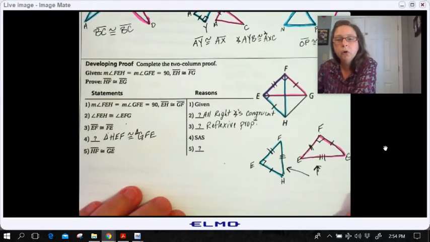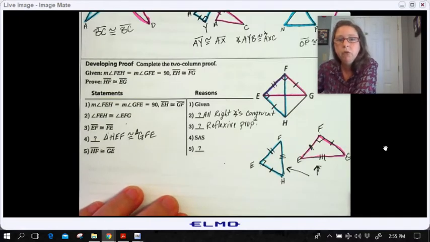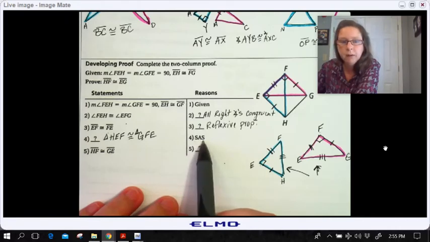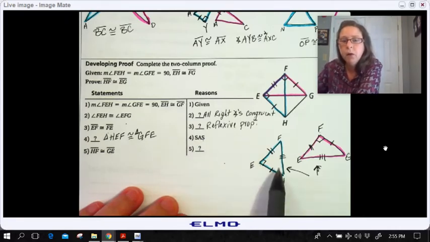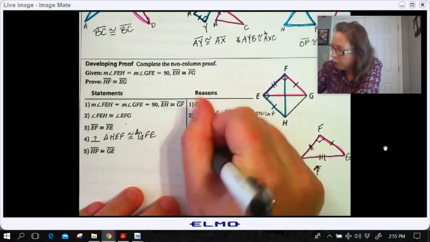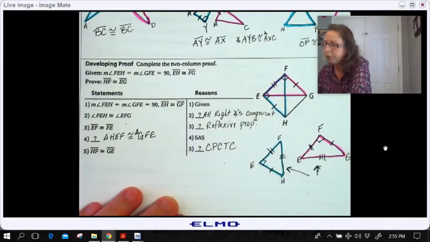So we learned that corresponding parts of congruent triangles are congruent. Well, we just proved that these are congruent by side angle side. So that means all the other parts are congruent as well by the corresponding parts, okay? So corresponding parts of congruent triangles are congruent.